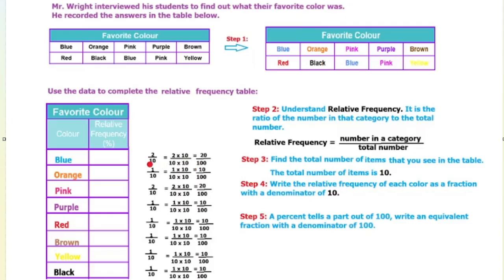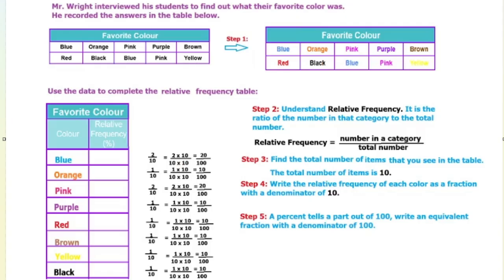So to get this denominator to equal 100, we multiply it by 10. So because we multiplied the denominator by 10, we will multiply the numerator by 10. So 2 times 10 is 20, 20 over 100. And you do the exact same thing for all of them. And this tells us the percentage.